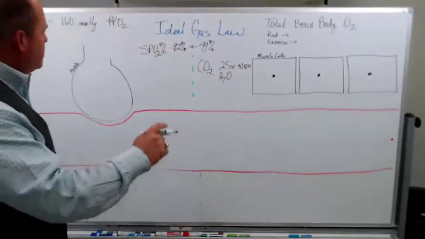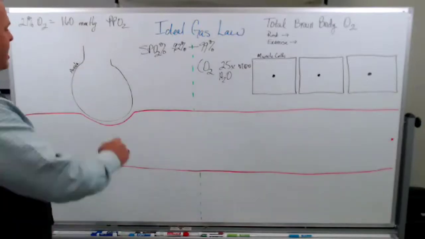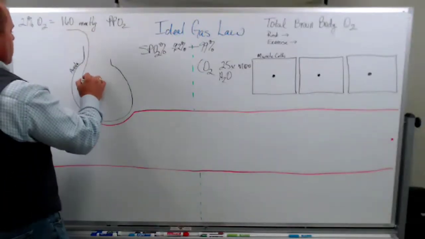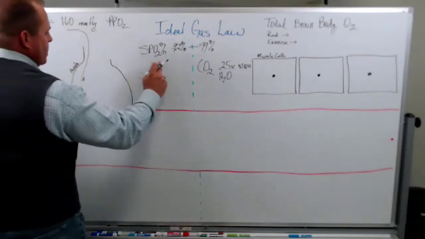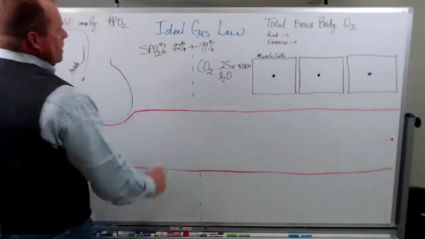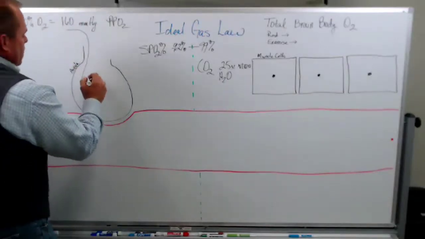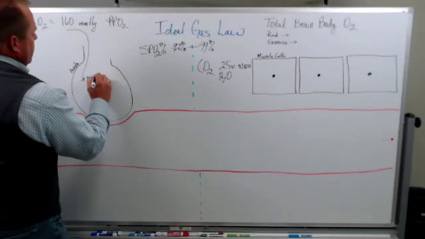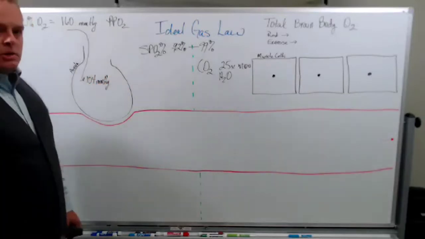So when you're at sea level and you've got 160 millimeters of mercury, by the time it gets all the way into the alveoli, instead of 160, there's about a 35% drop because of this solubility issue with CO2, and we have water droplets in the alveoli. Now instead of 160, it's 104, okay, because of that displacement.